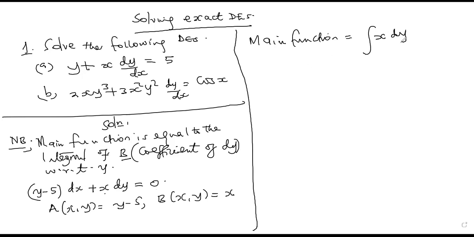Another thing we should know is that after having understood that the equation is exact, it means that the terms on the left-hand side are a result of the derivative of the main function. In this case that should equal 5.